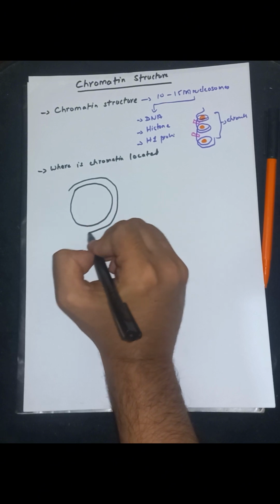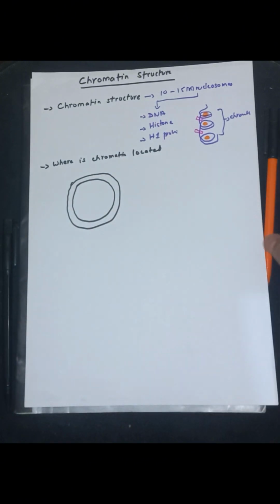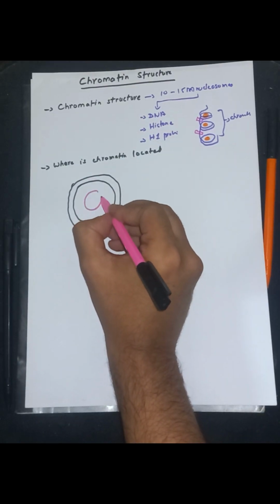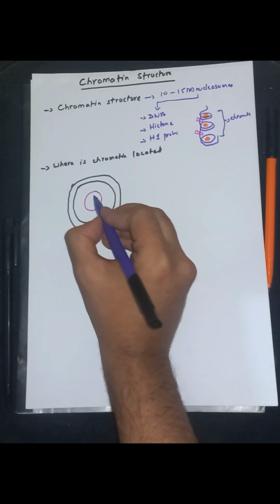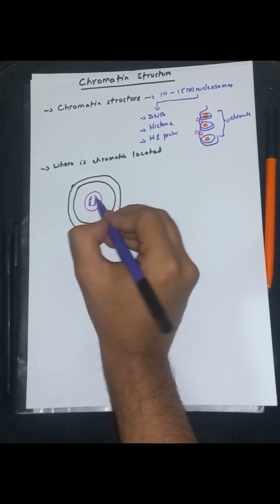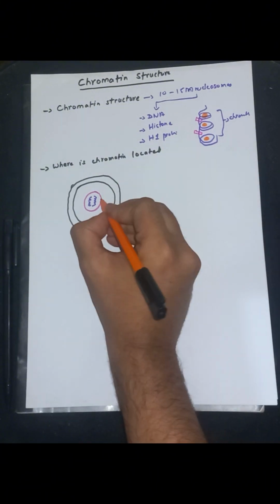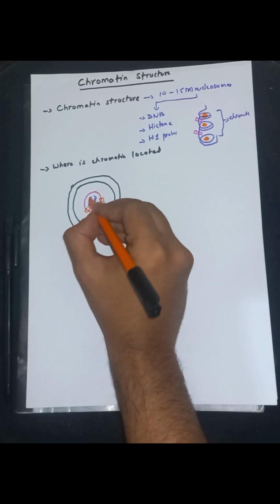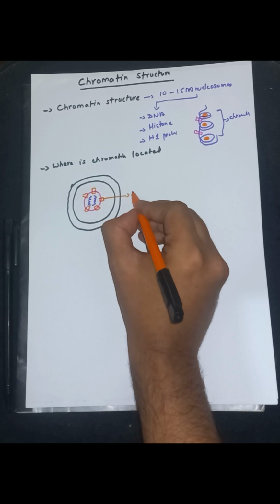What is this? This is a cell. And what is inside here? There is a nucleus. And what is inside this nucleus? This is our chromatin. And what else is there in the nucleus? There are nuclear pores here, like this. These are called nuclear pores.